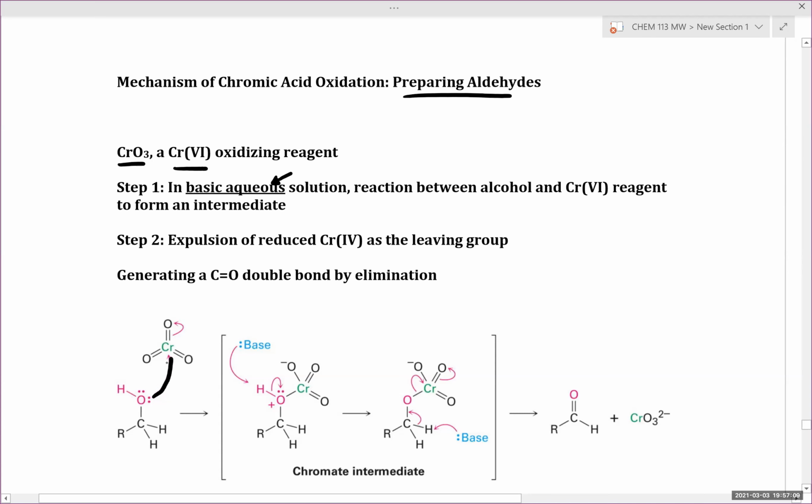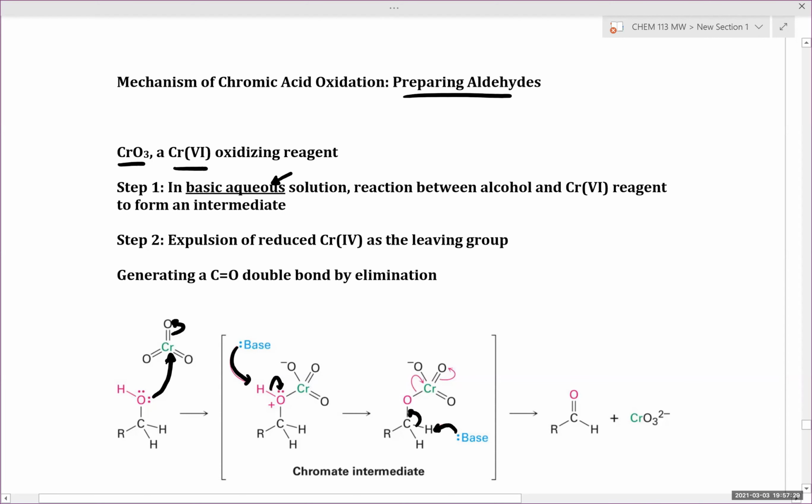In our first step, our alcohol attacks our electrophilic chromium atom, and then base pulls off a proton to generate a neutral species. From there, base will abstract a second proton.